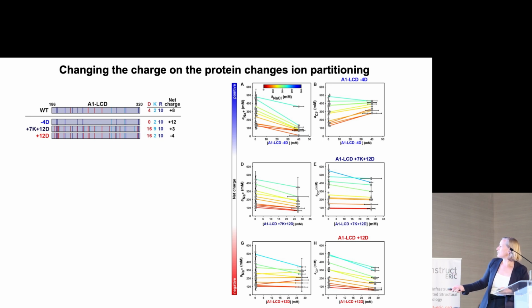And then if we have a negatively charged protein, then we also see that chloride doesn't like to go into it anymore. Sodium also really doesn't like to go into it. So there is some really interesting regulation going on here.